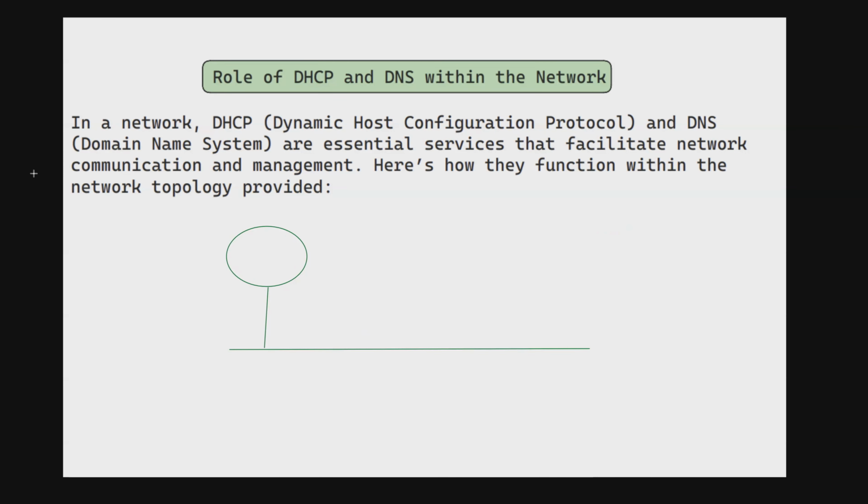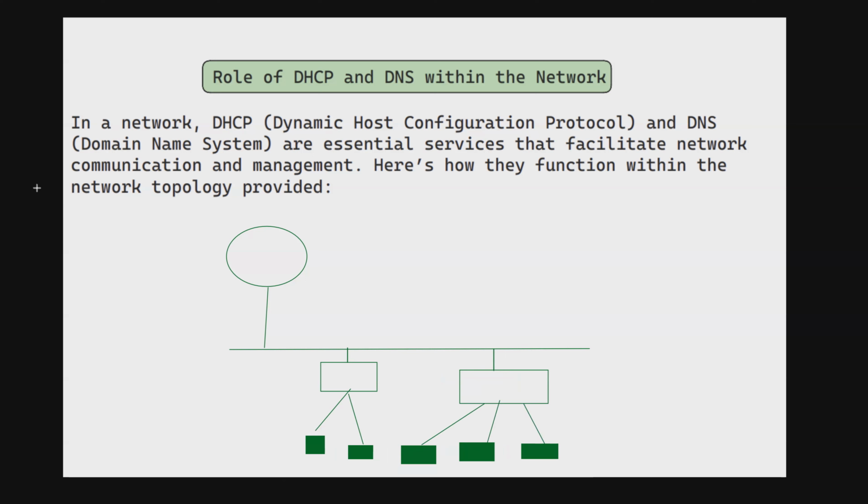In the network you may have switches connected, and suppose these switches are connected with some PCs, say these green ones are the PCs. These PCs connected to the switch will get IP addresses from the DHCP server automatically, and here we'll make this router the DHCP server.